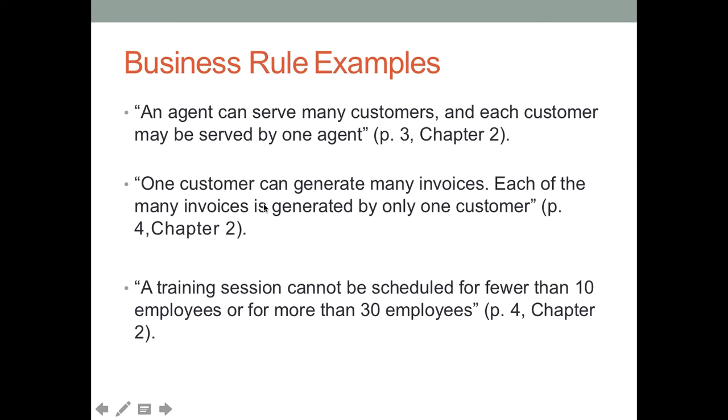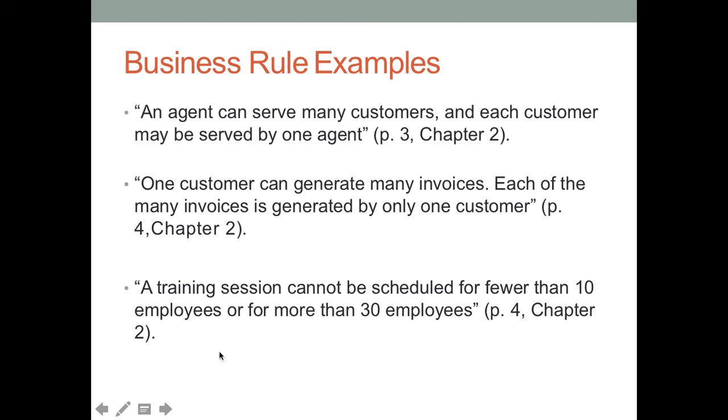Similarly, the next one: a customer can generate many invoices. Each of the many invoices is generated by only one customer. So this is also a one-to-many relationship. One customer is associated with many invoices, and one invoice is associated with one and only one customer.